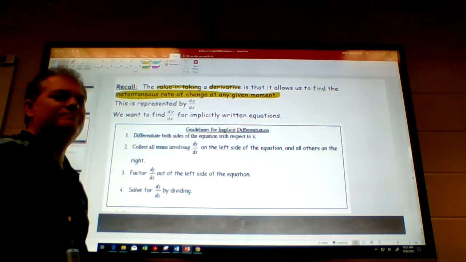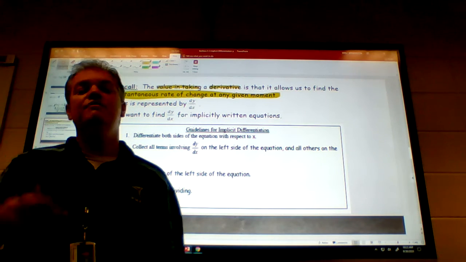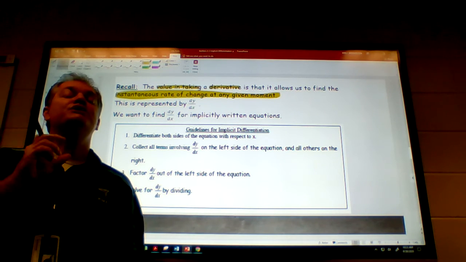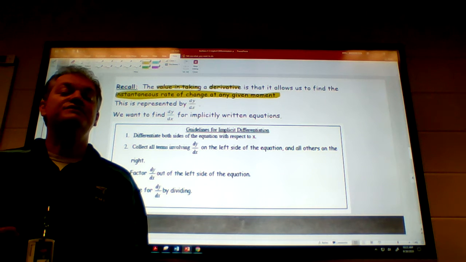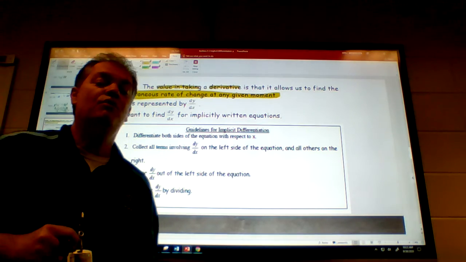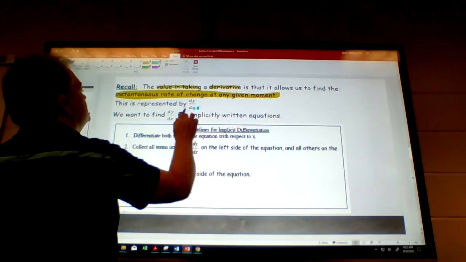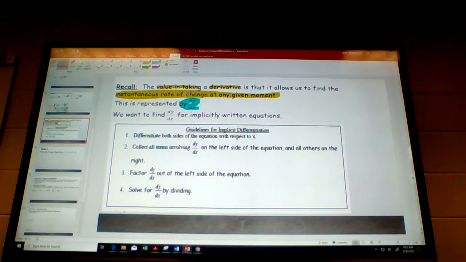Remember, in algebra, you learned to determine the rate of change between 2 points. Here in calculus, with derivatives, you determine that rate of change at exactly 1 point, or at one instant. And this is represented by dy over dx. And we want to find dy/dx for implicitly written equations.